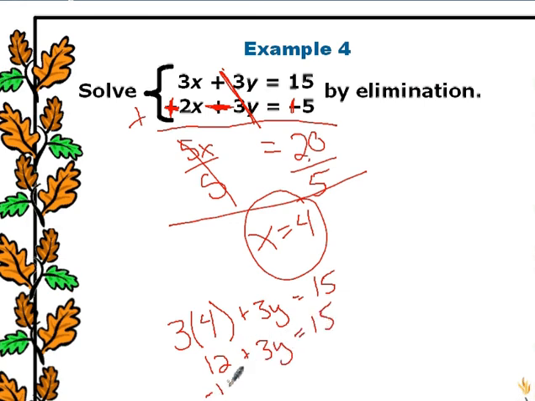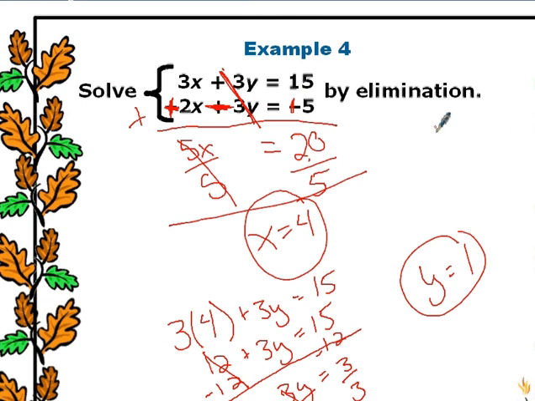Move that 12 over by subtracting it on both sides. So we get 3y equals 3. And we divide by 3 to finish solving for y. And y equals 1. So our answer is 4, 1.